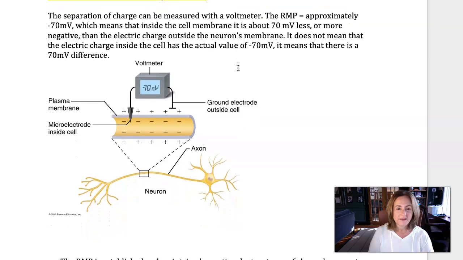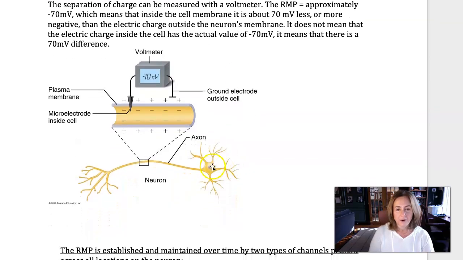Basically, inside of a neuron there are negatively charged proteins. These negatively charged proteins are going to attract positively charged ions to the cell. So it makes sense that these positively charged ions are hovering outside of the membrane. Also, since these positively charged ions are attracted to the cell, negatively charged ions are going to hover on the inside of the membrane, kind of like a magnet, if that makes any sense.